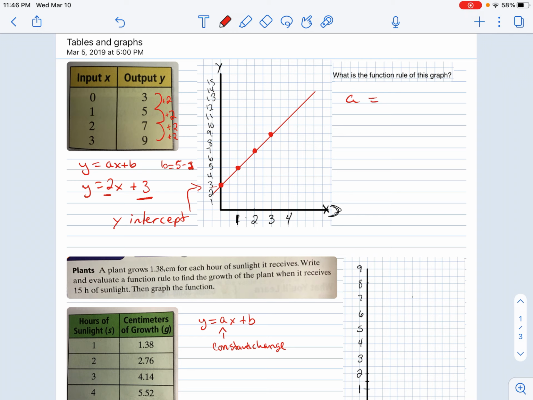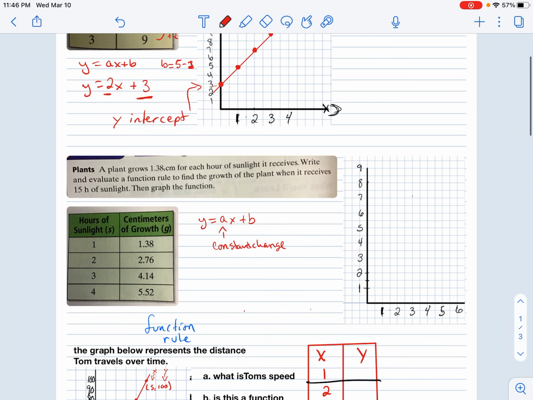A is equal to change in y over change in x. Which, when you're in consecutive order here for your x, is always going to be 1, so then it's just your change in y. This you'd use if you do not have consecutive numbers in your x term.